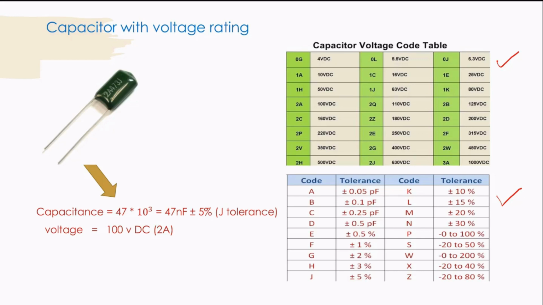Here the 2A represents the voltage code and the 47 represents the value of the capacitor and 3 represents the multiplier and J represents the tolerance. So that's why the value of the capacitance is 47 nanofarads with a tolerance of plus or minus 5% and the voltage is 100 volts DC.